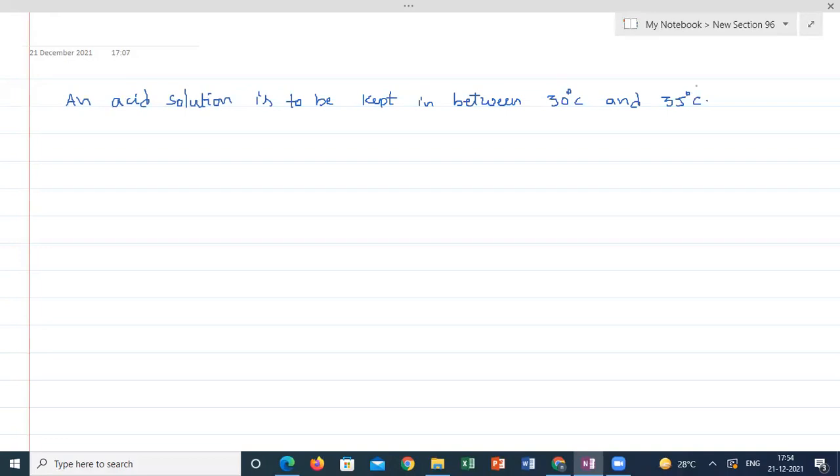What is the range of temperature in degrees Fahrenheit?